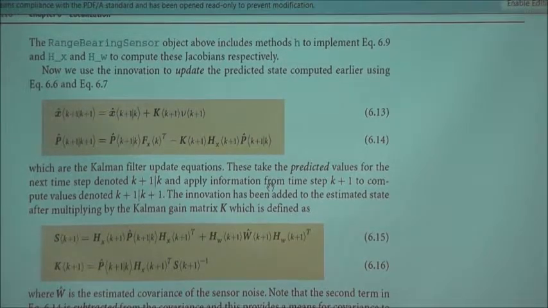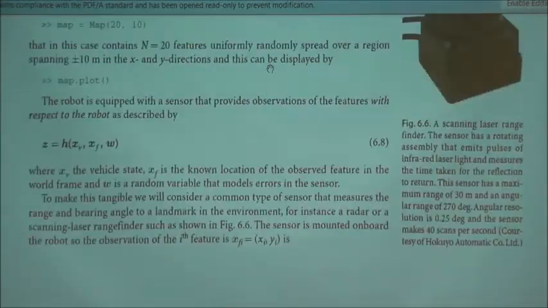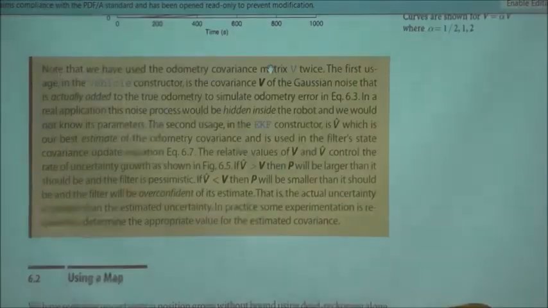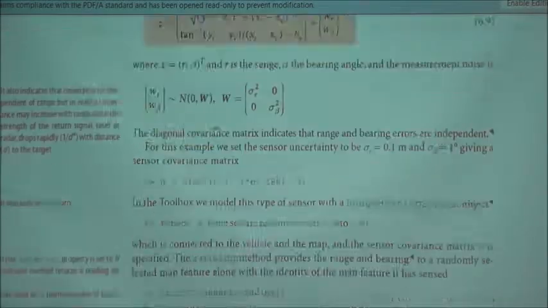And then you go to the range sensor. The object above includes methods to implement equation 6.9, which is this equation. Implement that.